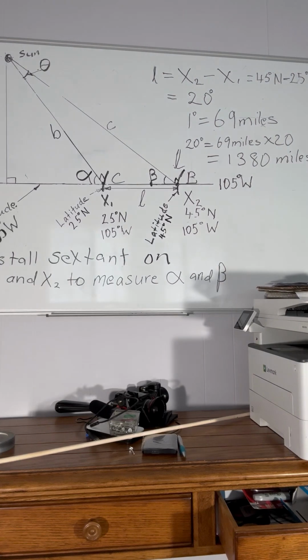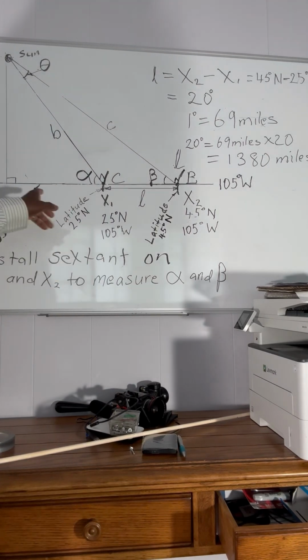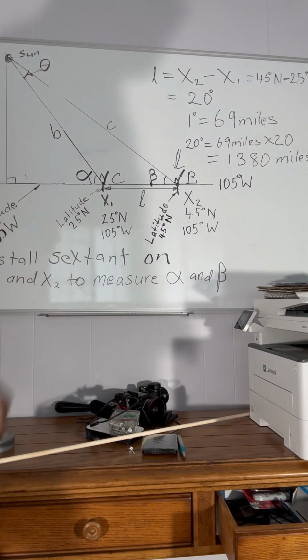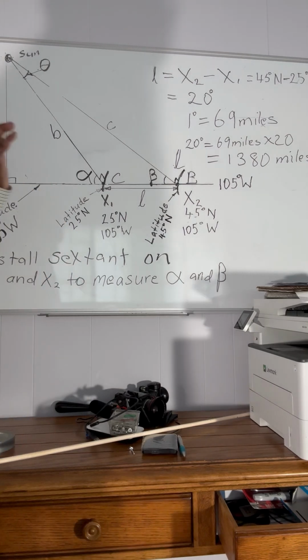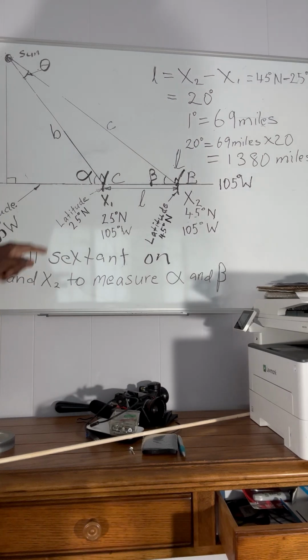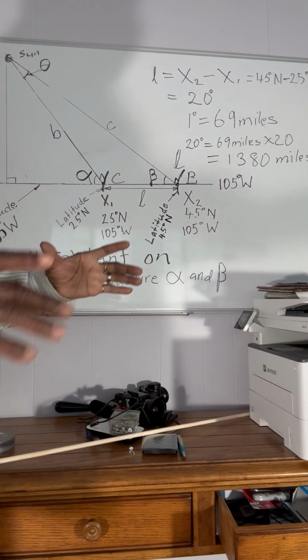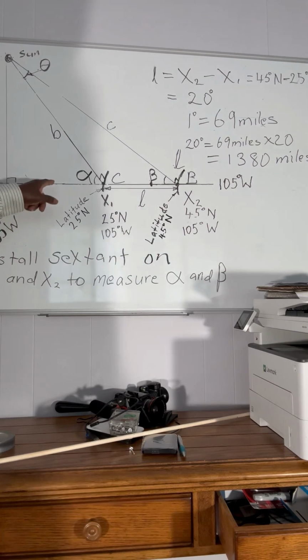Now, I want you to see, as I already showed, that the earth is flat. If the earth is flat, that means the longitudes are straight lines. They are not curved. The only circle you can get is the latitude, and there are circles that spread out.